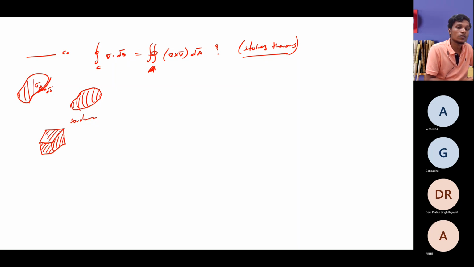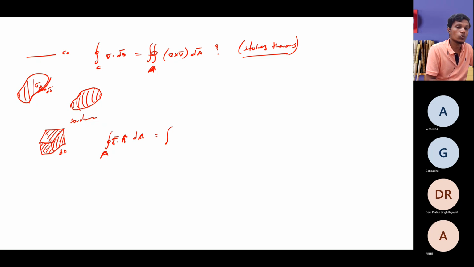This is your 3D surface, and you have a surface integral like this for shear stress. This is a small elemental area dA. For calculating the shear force, you are doing the surface integral of shear stress over the entire surface.